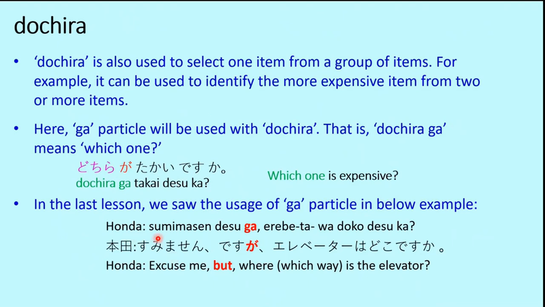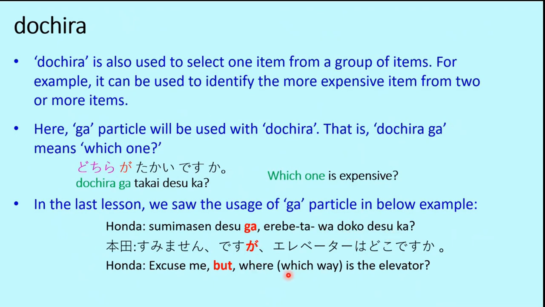When Honda-san says, sumimasen desu ga, erebeta wa doko desu ka? That means, excuse me, but which way is the, or where is the elevator? So here we use ga. In this example, although we have written which way, we use doko desu ka, so it means where is the elevator.